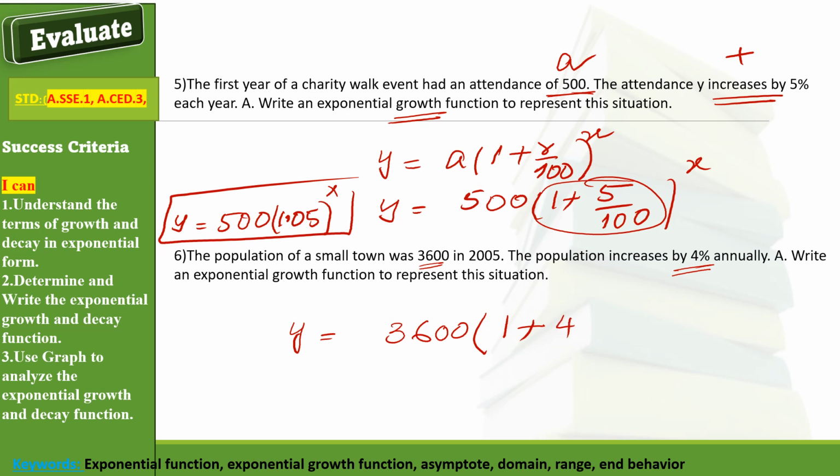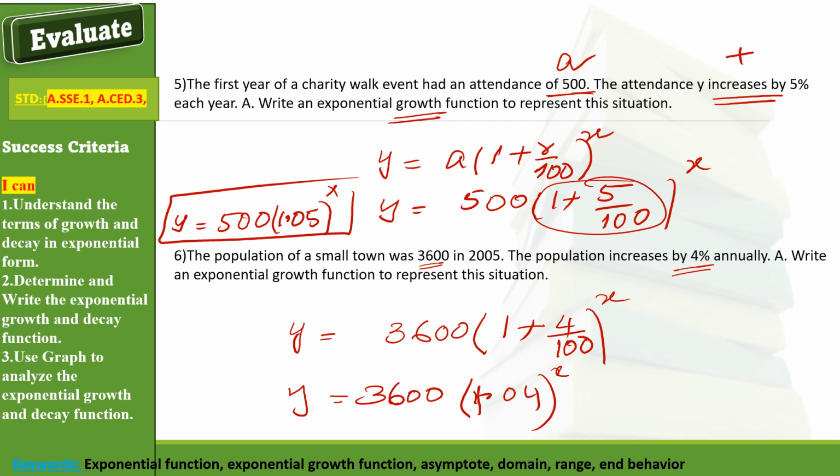So to change the percent into a value, we divide by 100 and the power is x. So we will get y equals 3600 times 1.04 whole to the power of x.